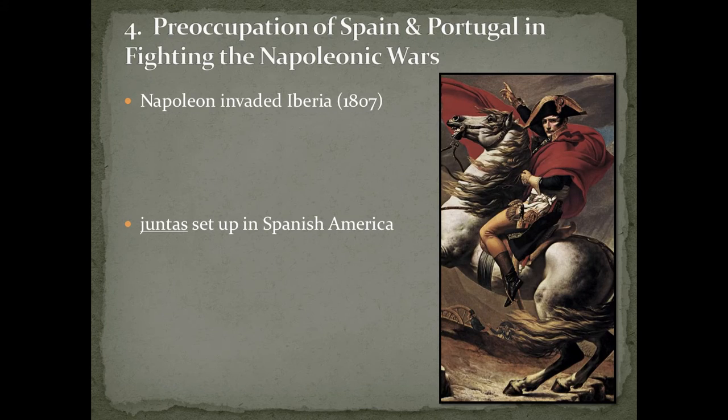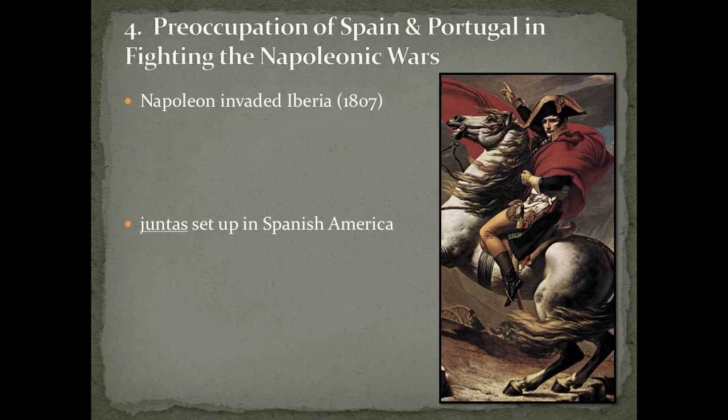The fourth thing, though, and this is that trigger event, is the fact that Napoleon rose to power. And I told you that he has major ripple effects worldwide. We're not going to worry ourselves too much about what he's doing in Western Europe, except to say that not only is he serving as dictator of France, but he tried to make that massive French empire using the Napoleonic Wars.